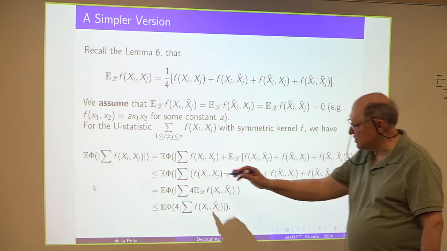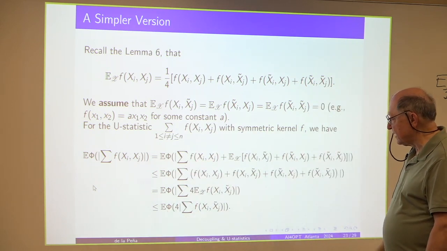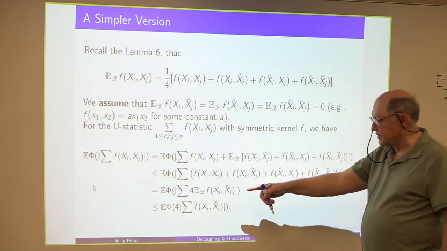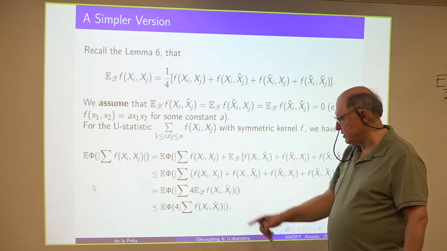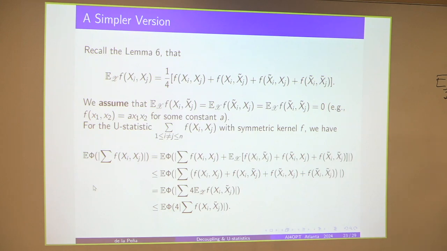Then I use Jensen's inequality, and I notice I have this lemma. So this is equal to the expected value of script C of f of xi xj tilde. So I'm changing the sigma field. I started with script X, used Jensen's inequality, then I went to the sigma field script C, and I'm replacing it because of that identity.